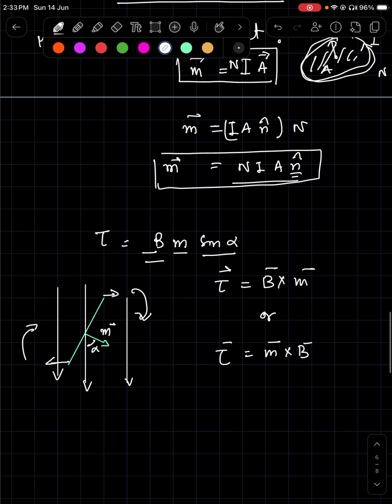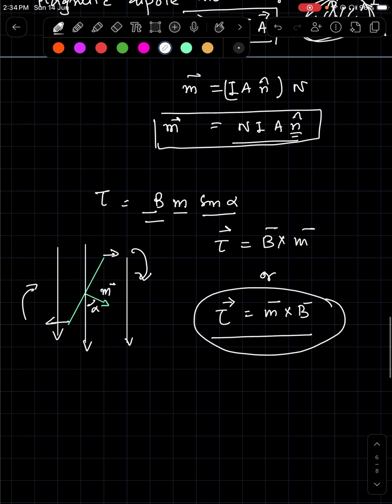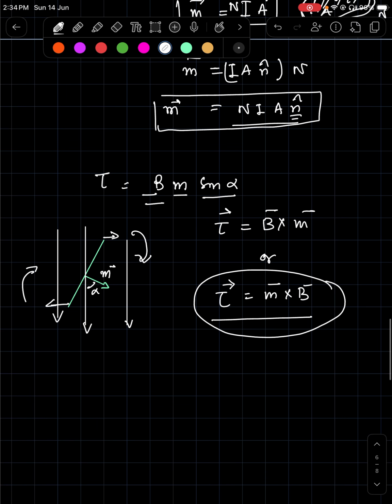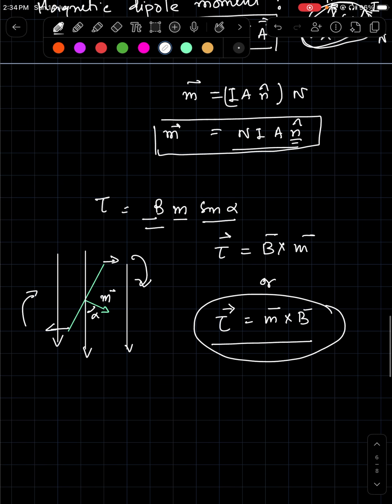So according to the right hand rule, the torque which is produced by the magnetic field clockwise is given from this one. If we apply the right hand rule, then you will see the torque is actually rightly expressed by this one.